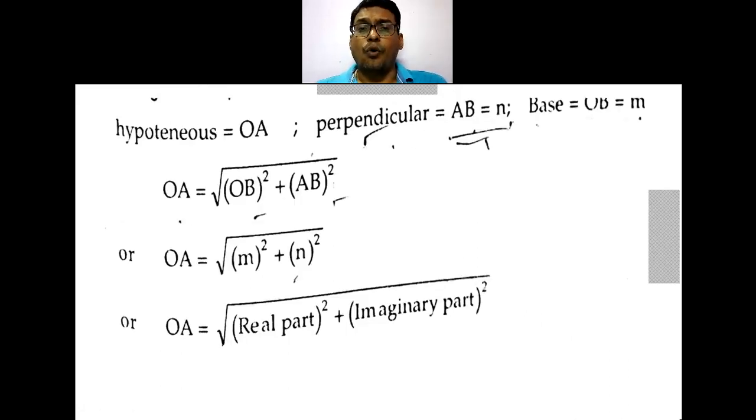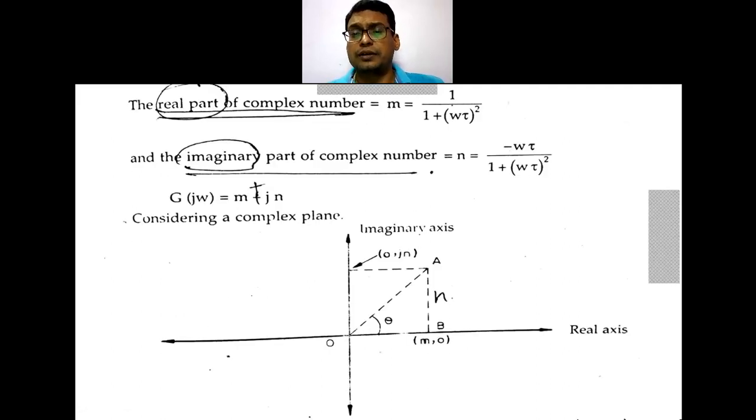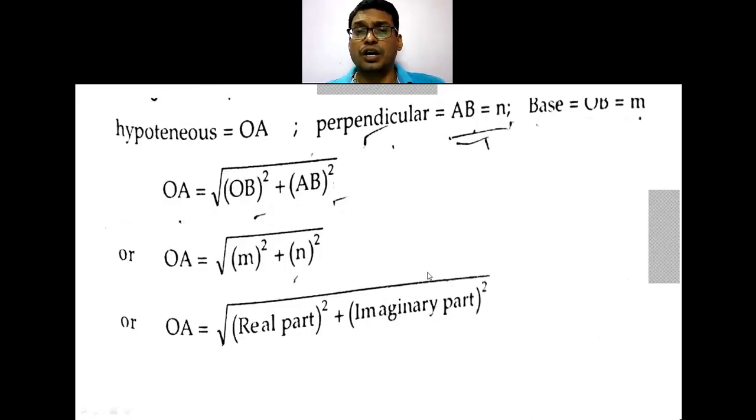So OA is nothing but the under root of AB squared plus OB squared, where AB is the imaginary part and OB is the real part. So OA equals the under root of m squared plus n squared, which is the under root of real part squared plus imaginary part squared.